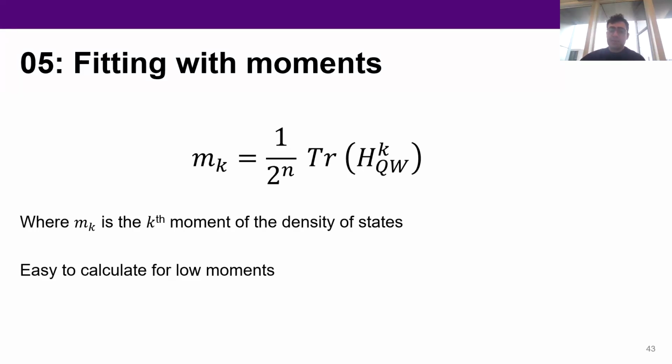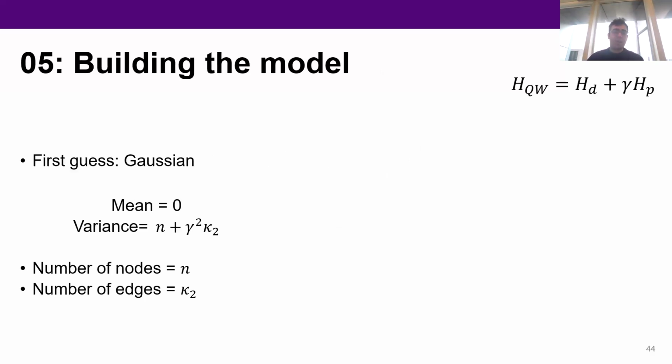So it's relatively straightforward to calculate moments on the density of states, which is given by this equation here, where k corresponds to the kth moment, and this is relatively straightforward to calculate for low moments. So using this, we can start with a guess of our probability density function, which we should take as a Gaussian.